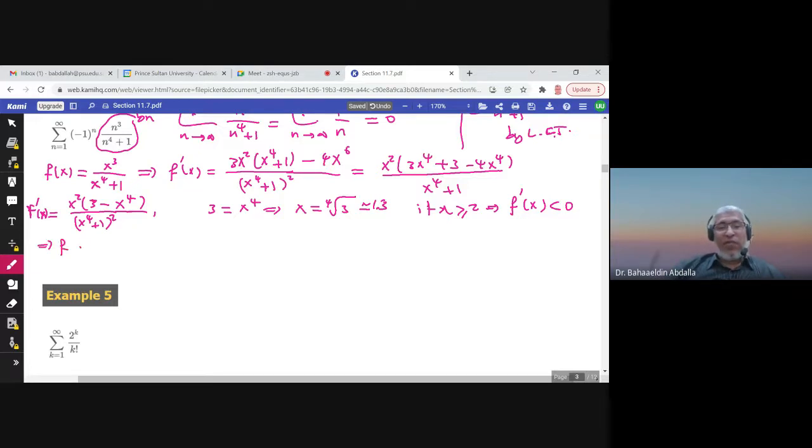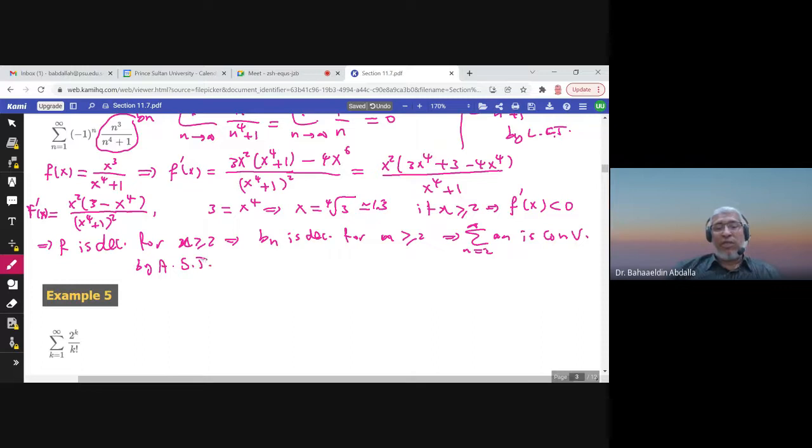This means that f is decreasing for n greater than or equal to 2. For x, of course, talking about x. So b_n is decreasing for n greater than or equal to 2. This means that the summation of negative 1 to the power n times n cube over n to the power 4 plus 1, let me just write a_n, sorry, the summation of a_n from 2 to infinity is convergent by alternating series test.